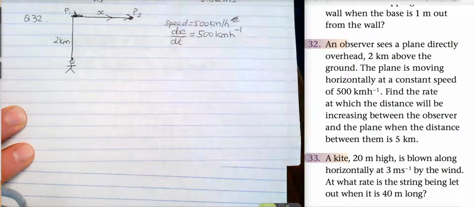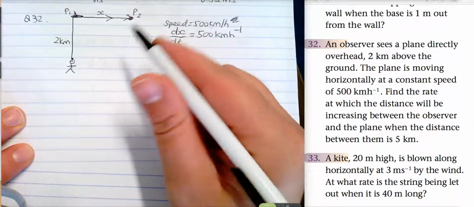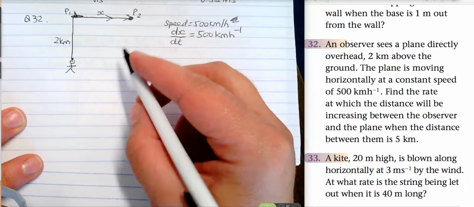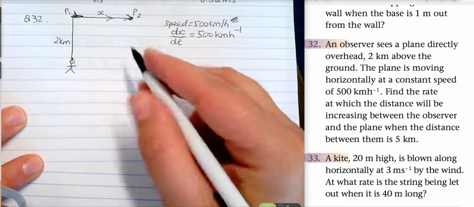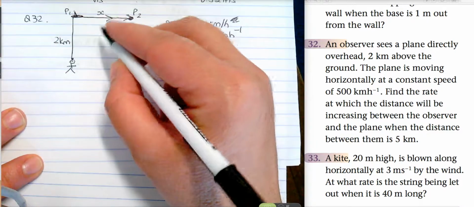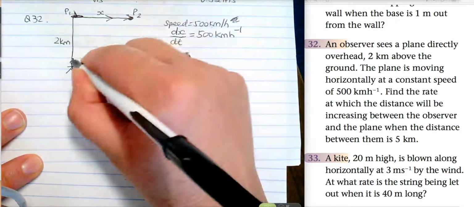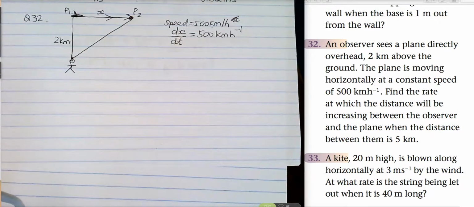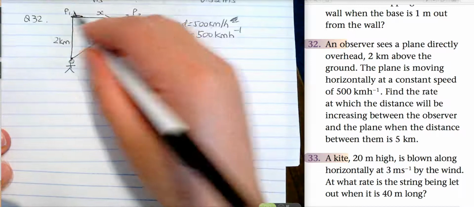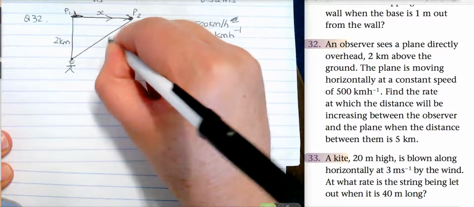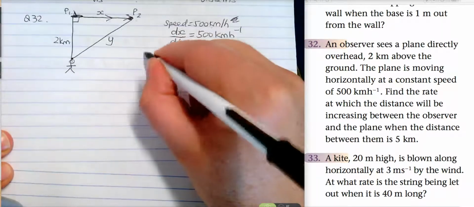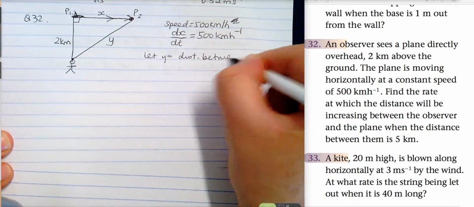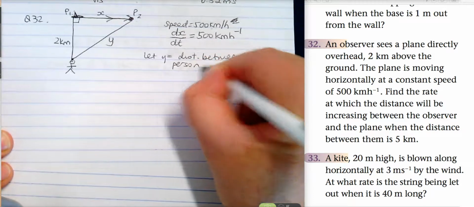It says find the rate at which the distance will be increasing between the observer and the plane when the distance between them is 5 kilometres. So I've got 2 kilometres, y, x. I'm going to call this distance here y. So let y equal the distance between the person and the plane.